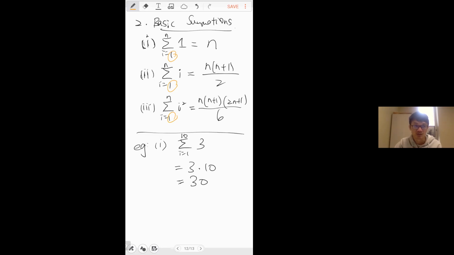So if it's 3, then it's 3 times n. If it's 5, then it's 5 times n. Okay. Yeah, it caused a misconception when we were going to do the example, because based on the formula, you can't multiply it by 3 because it's just n. It should be 1 times n. Yep.